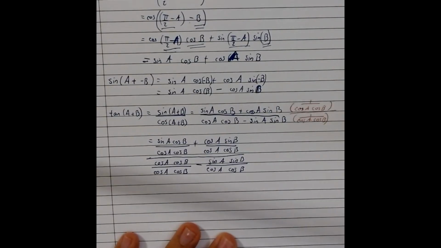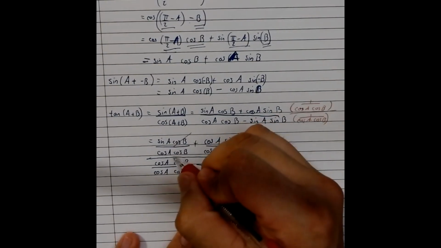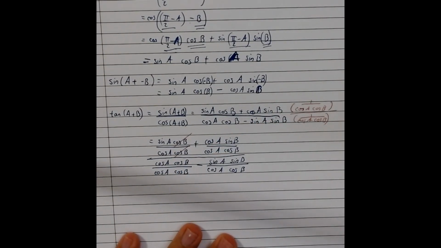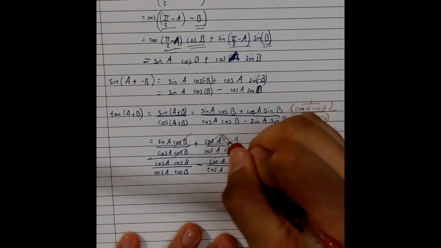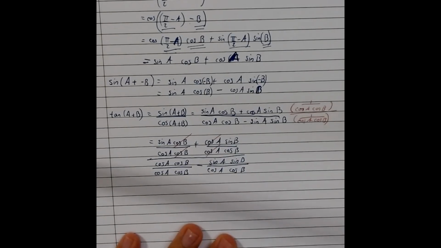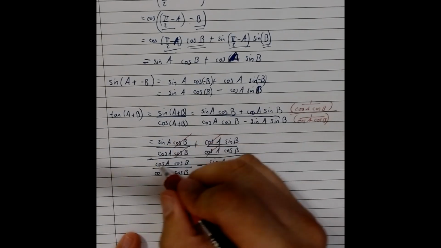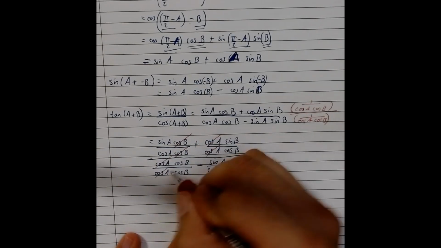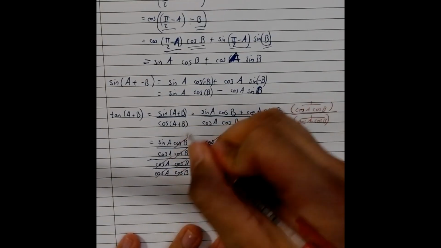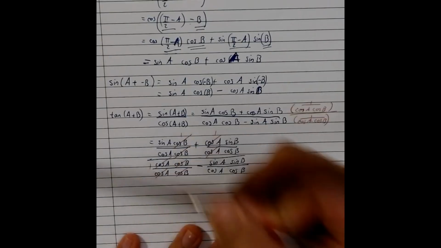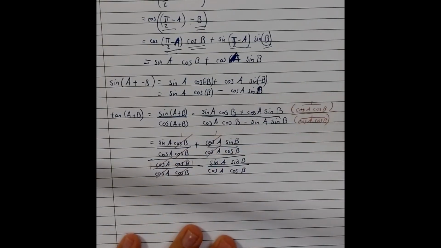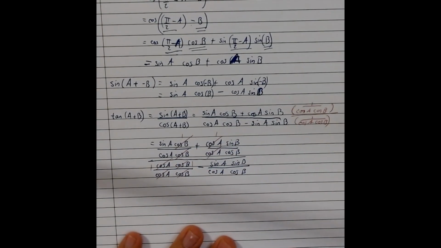And now you notice a bunch of things divide away. Cosine of B over cosine of B, that's just 1. Cosine of A over cosine of A, that's just 1. All of those just become the number 1. Okay, so what's left?